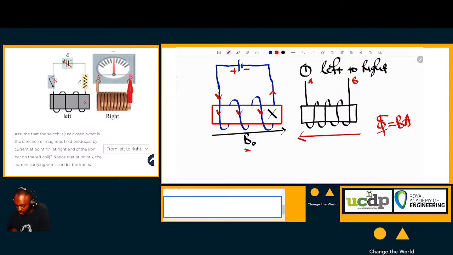That's according to Lenz's law. So we agree that our B naught was increasing, which means that the B induced is going to be in an opposite direction, from right to left. That's the direction of the induced magnetic field.